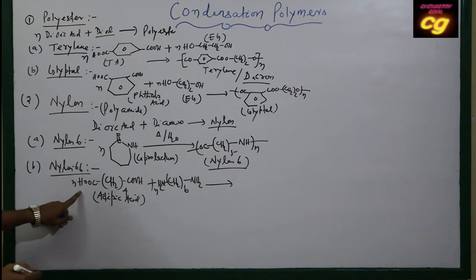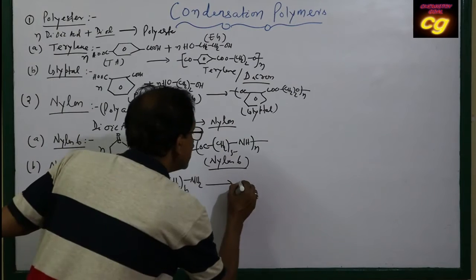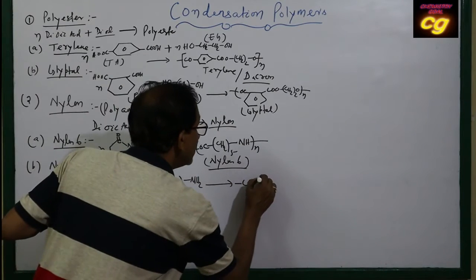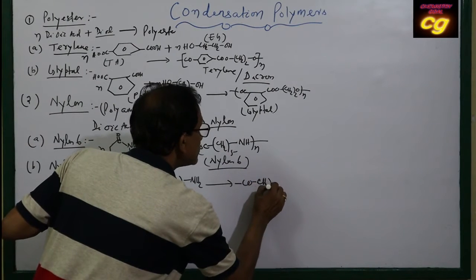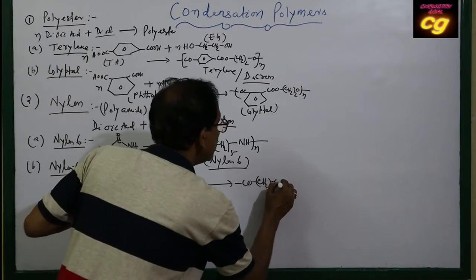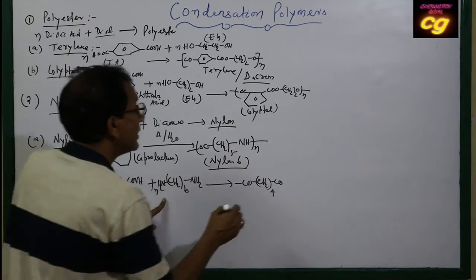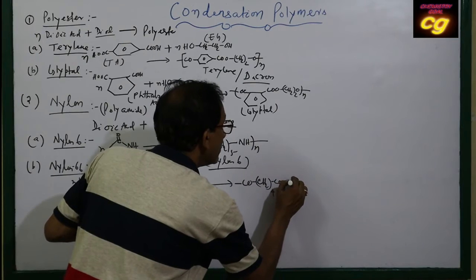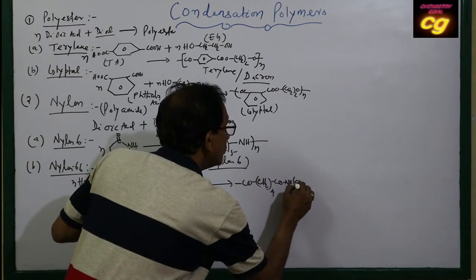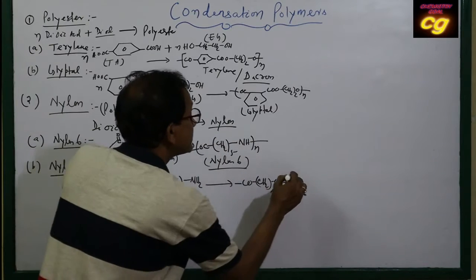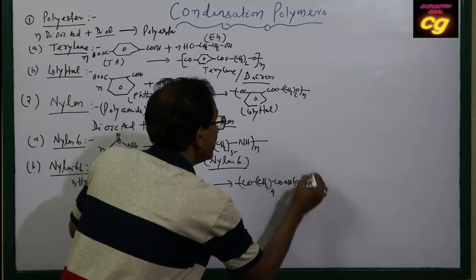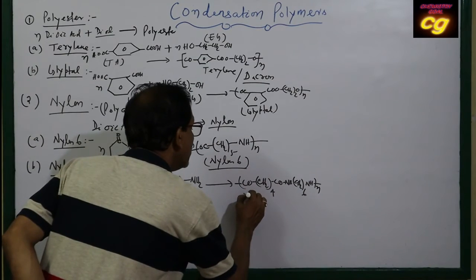Already I have told you the technique. It is a reaction between acid and amino group. You start from CO, then (CH2) whole 4 as per the formula, then again CO, then NH, then (CH2) whole 6, then NH, whole bracket n.